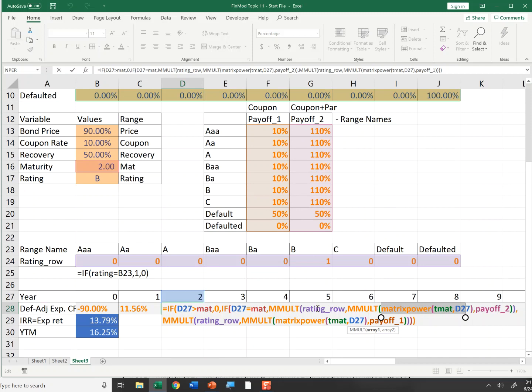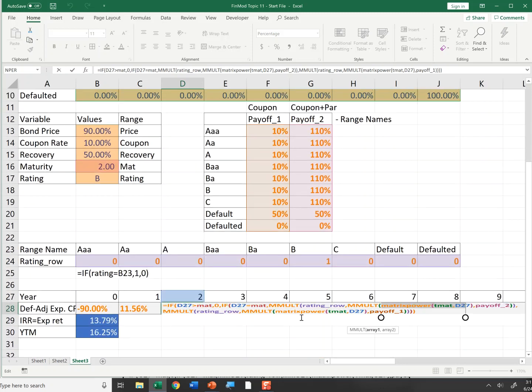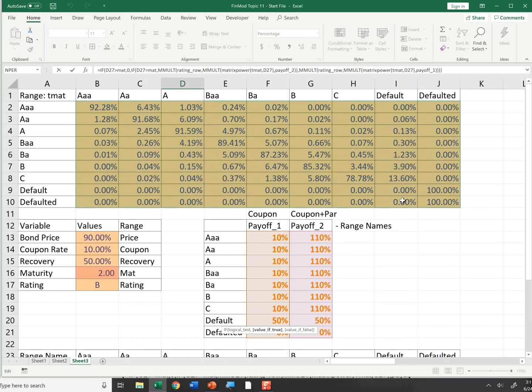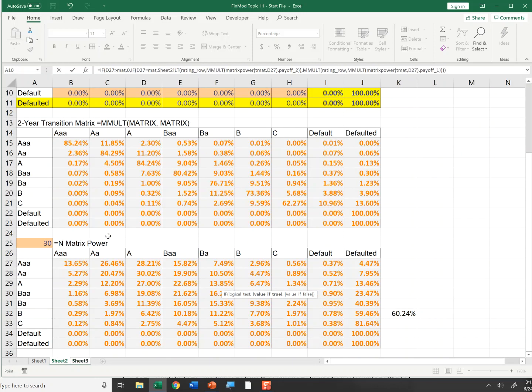So here's what's going on. It's an MMULT of this row times this to the second power, because we're talking about period 2 here, second power times this. So what it's doing is calculating the 2-year matrix power, this, and it's taking this row right here.